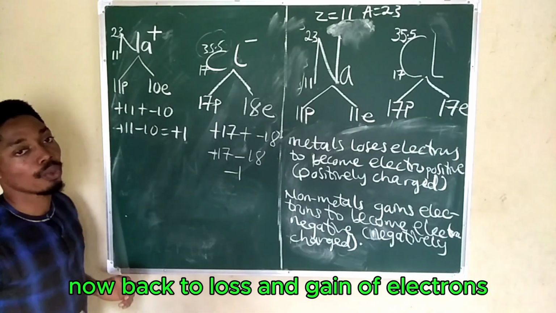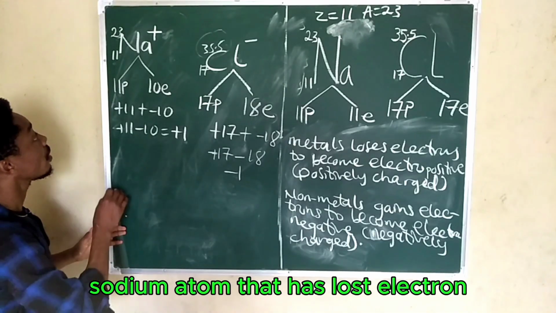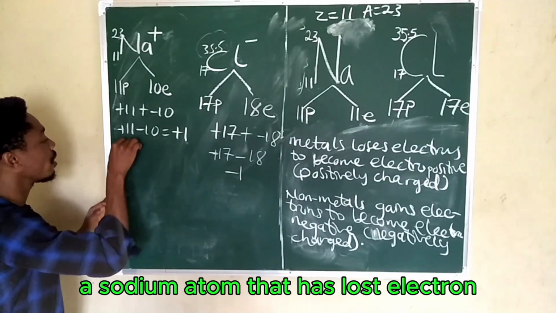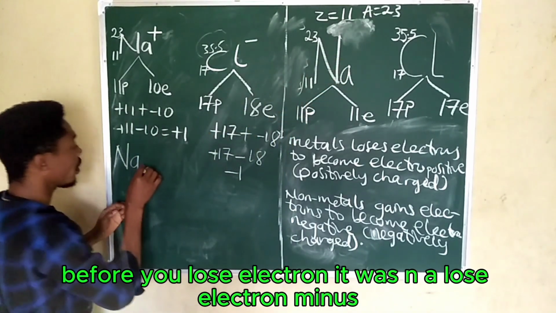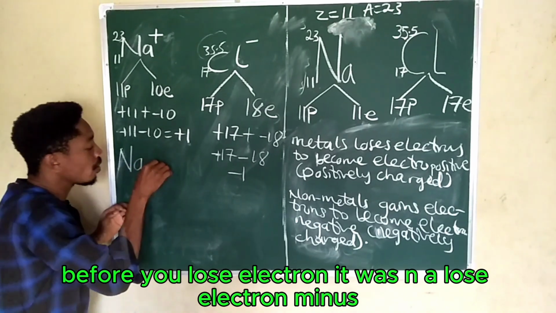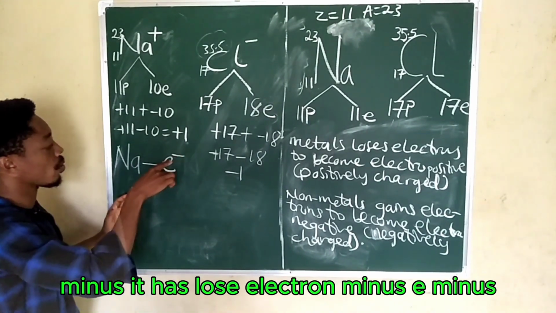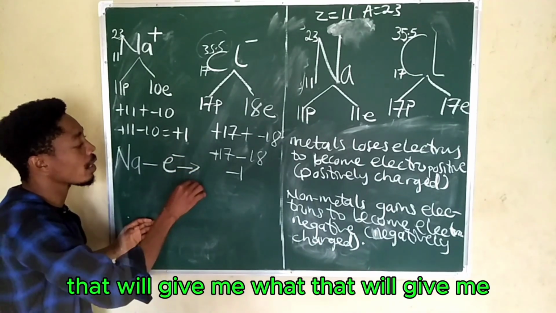Now, back to loss and gain of electrons. How can I represent this sodium atom that has lost an electron? Before it lost an electron, it was Na. Lost electron, minus e minus. The minus is the charge of the electron.